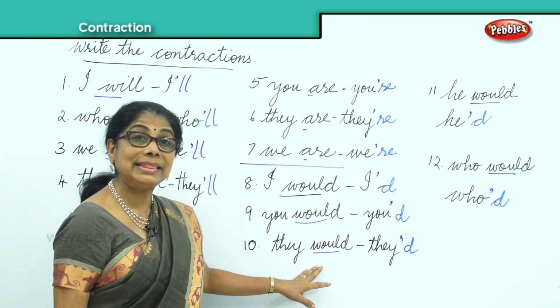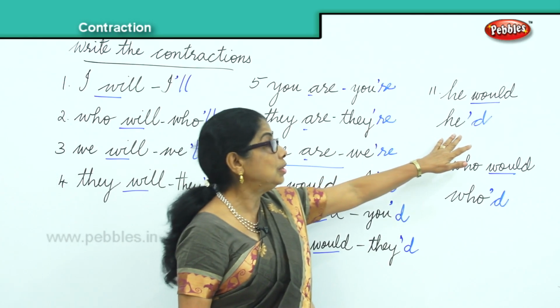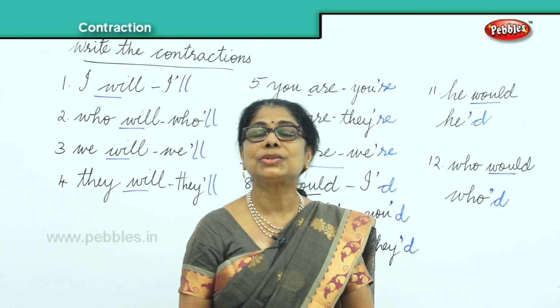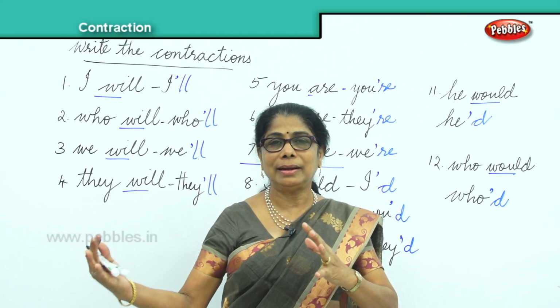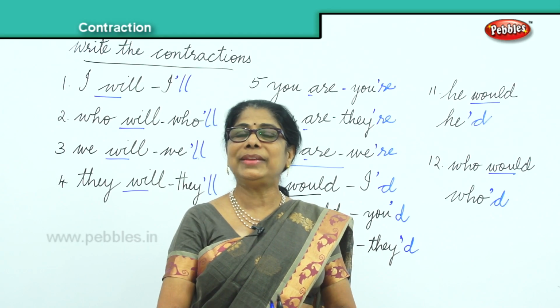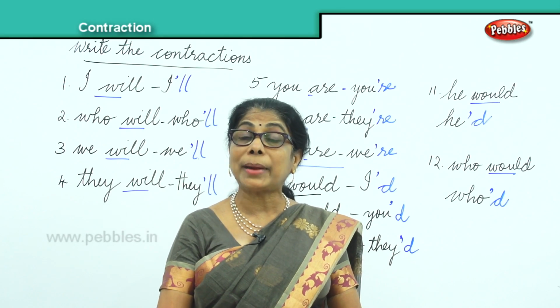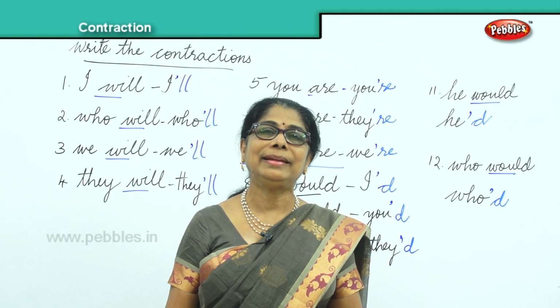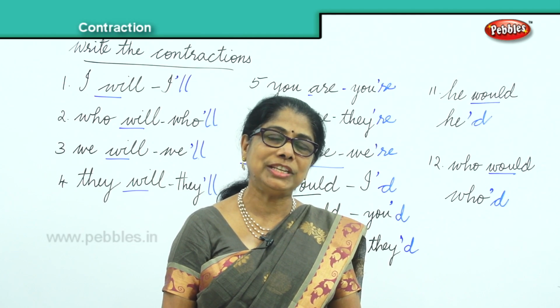They would, they'd. He would, he'd. Who would, who'd. So from the phrases, learning to make contractions is very interesting, and you have to have more practice, and you have to be careful when writing the contractions for each of these phrases.